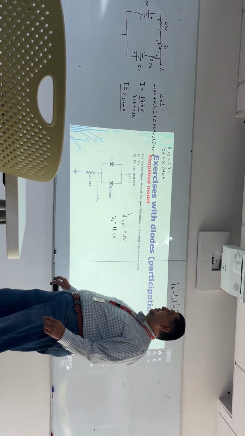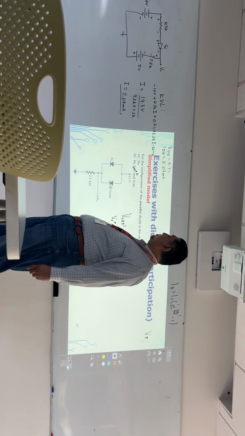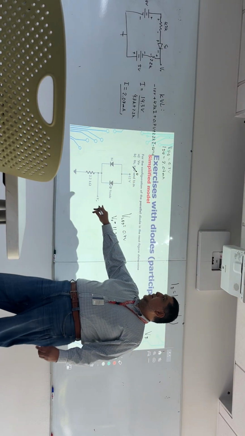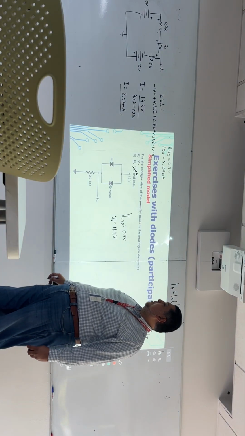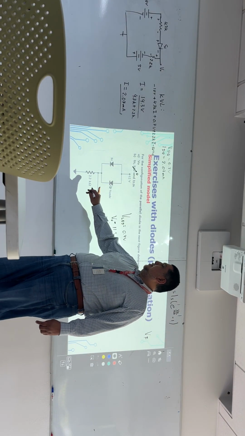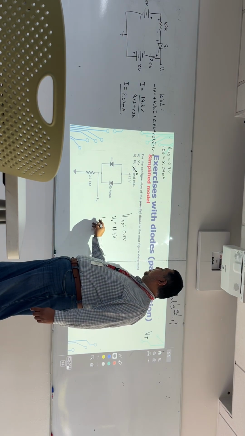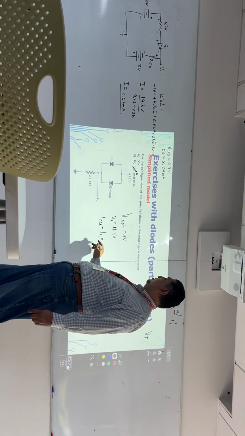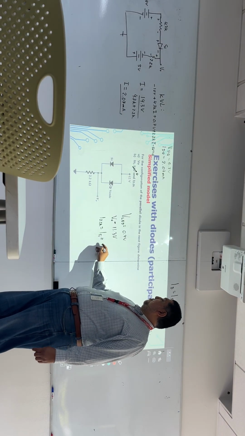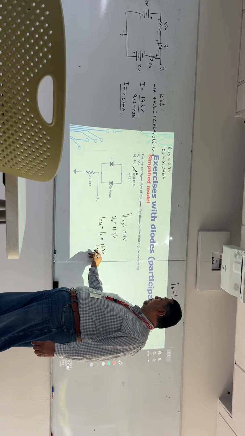Now what's next? So now that we know that ILED is 0, ISI and I2.2K are exactly the same. How can I get then that current? Well, I2.2K equals ISI equals 11.3 divided by 2.2K.